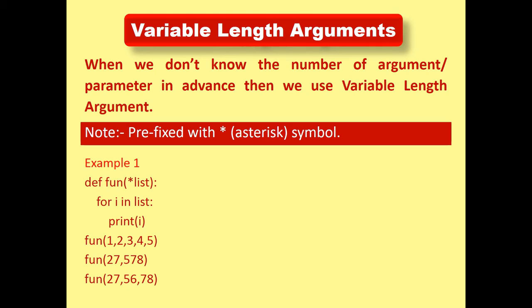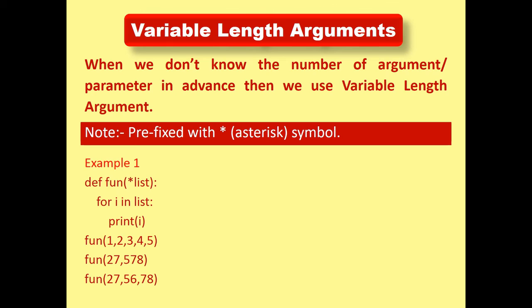First, when we call the function, how many arguments does it pass? 5. That is 1, 2, 3, 4 and 5. But when we talk about the parameter of the function fun, it has only 1.